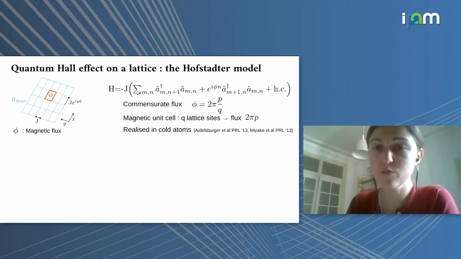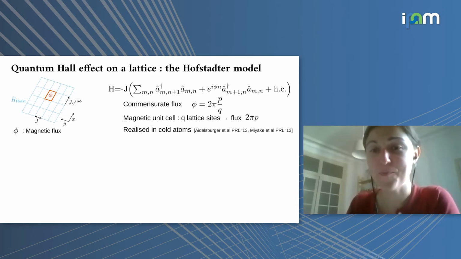So in this model, when you consider a commensurate flux, meaning φ equals 2π times a fraction, p over q, then you can define the magnetic unit cell. Indeed, the translations on the lattice do not commute anymore, but they commute if you enlarge the unit cell and use the magnetic unit cell.